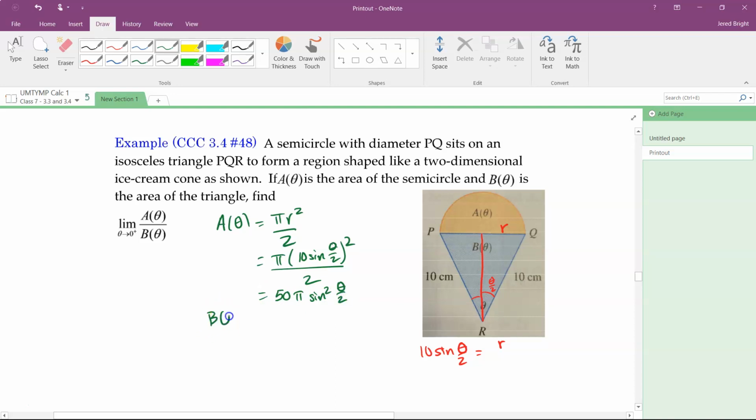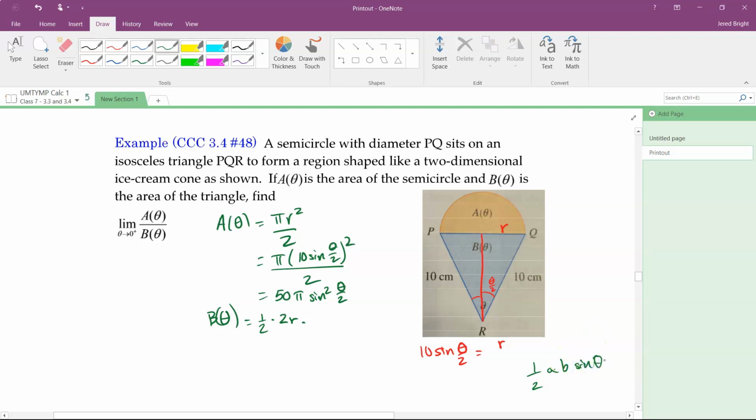For B of theta, okay, formula for triangle, right? Well, it's going to be 1/2 base times height. And so the base is length 2r, and the height I can go ahead and find, or actually remember that there's the formula for area 1/2 a times b, where there are adjacent sides, times sine of the included angle.